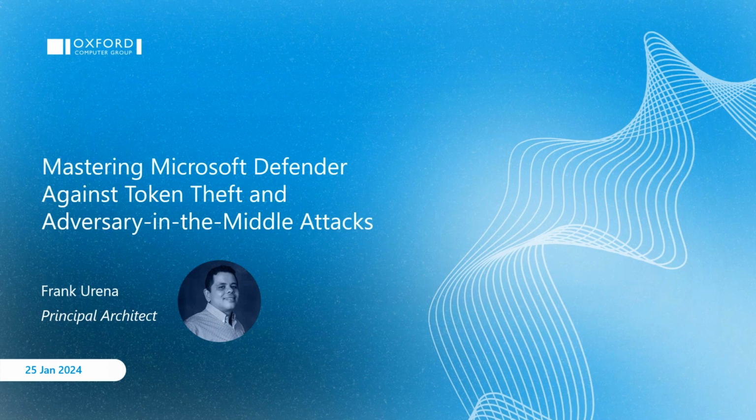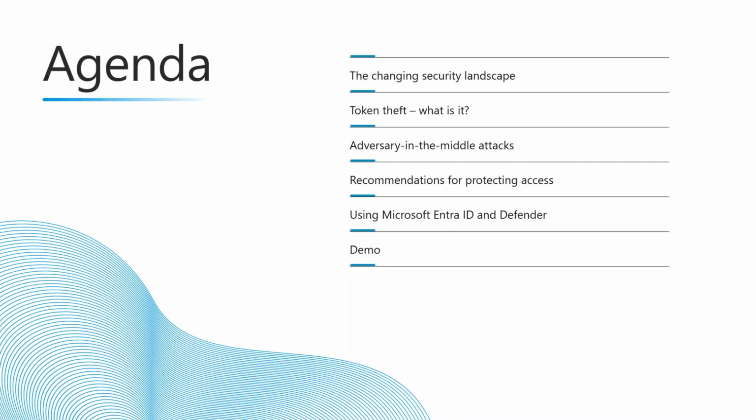A little bit about our agenda first. Talk about the changing security landscape. Why is this now a concern, token theft, adversary-in-the-middle attacks? Why the need to now have solutions or processes in place to protect against those types of attacks.